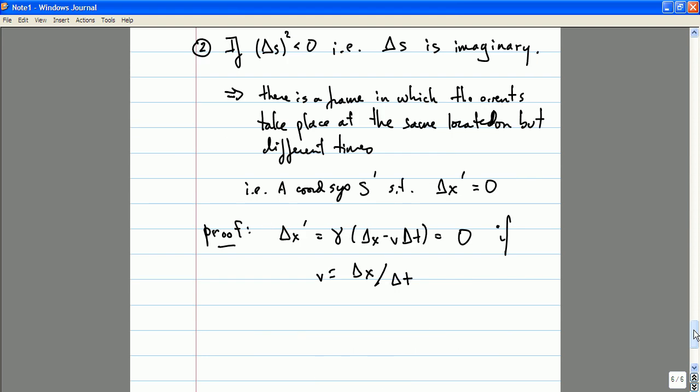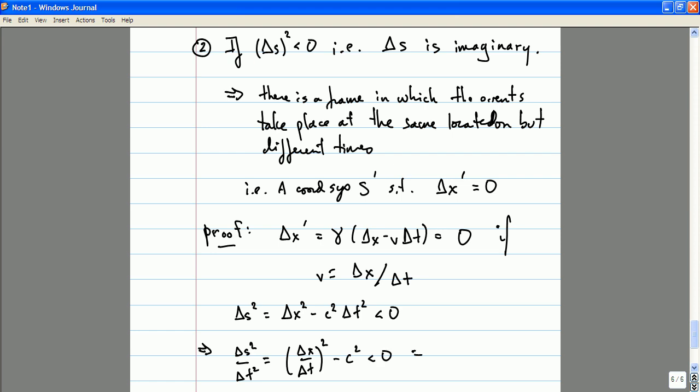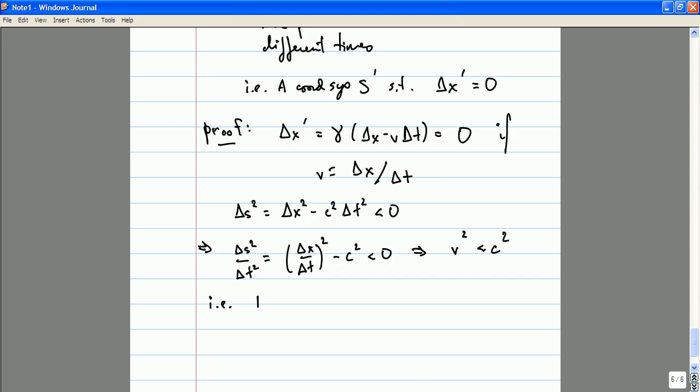And delta s squared is delta x squared minus c squared delta t squared. Being less than 0 implies, just by dividing both sides of this equation by delta t squared, that delta x over delta t squared minus c squared is less than 0, or the velocity squared is less than c squared, so that the absolute value of the velocity is less than c.